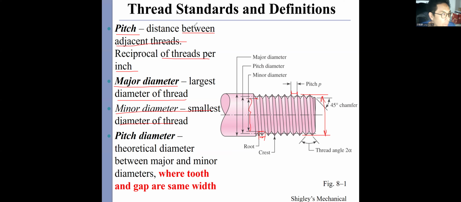And the pitch diameter is a theoretical diameter between the major and the minor diameter where the tooth and the gap are the same width. What does that mean?